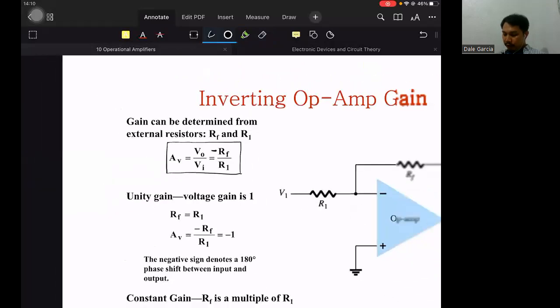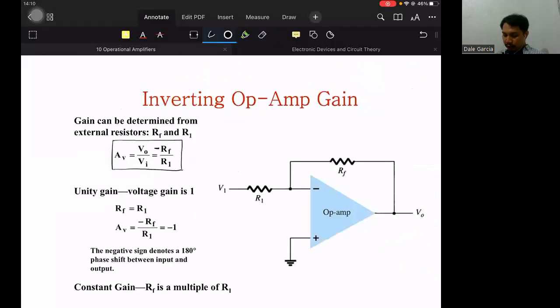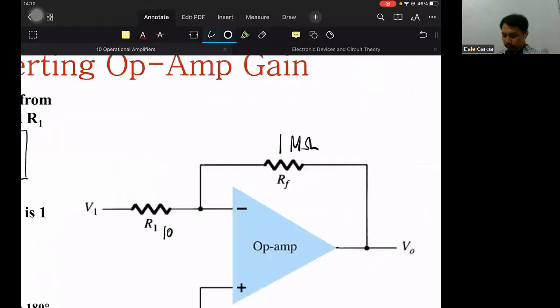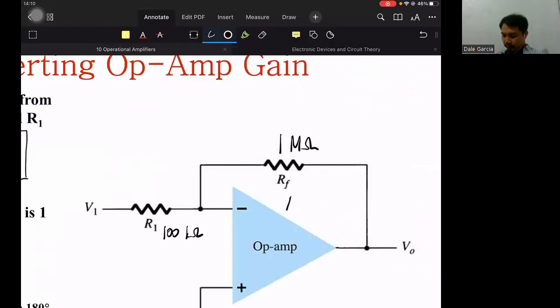So let's say for example, RF is 1 mega ohm and R1 is 100 kilo ohms. So the gain of this op-amp is no longer infinite. Okay. But how much? Use your calculator. What's the gain, class?